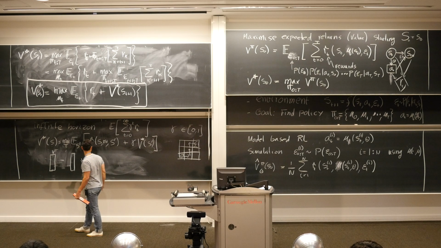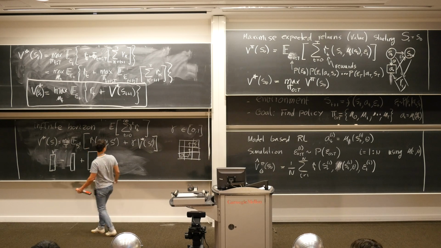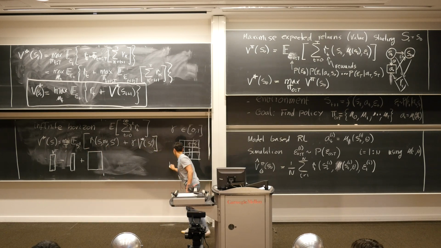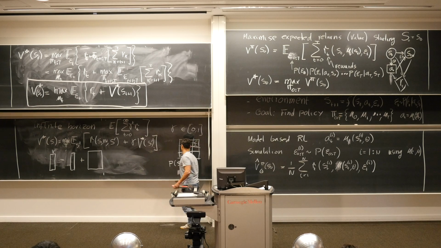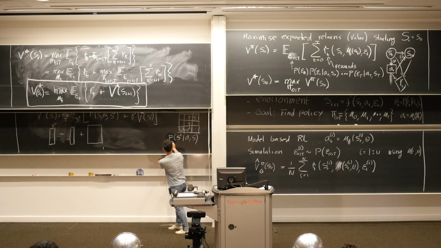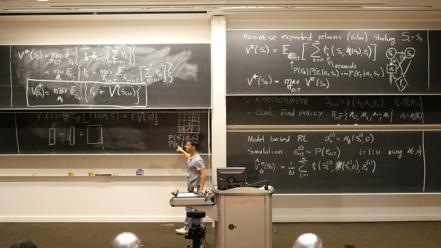And we're going to have this reward once you've taken the integral, once you've taken the expectation. And then we have a transition matrix, because associated with S prime, the idea is I'm rewriting this now as P of S prime given A and S, as opposed to rewriting it as P of epsilon given A and S. So in discrete state spaces, it's more convenient to just write it as a transition table.